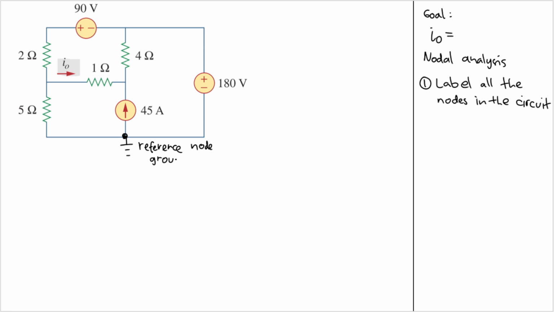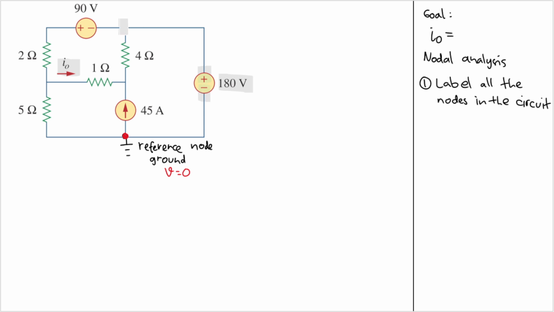And what does that mean? That means that the voltage in this node here will be 0. But what are the consequences of having this node assumed to be 0? We have this node here, and we have that 180 volt voltage source. Remember, the voltage source is the difference between the positive terminal and the negative terminal.